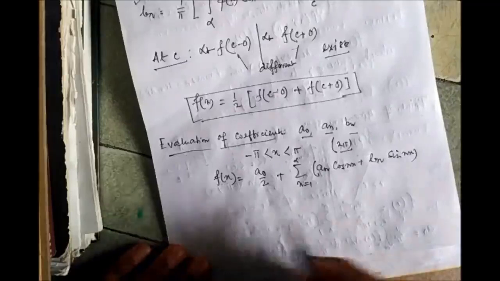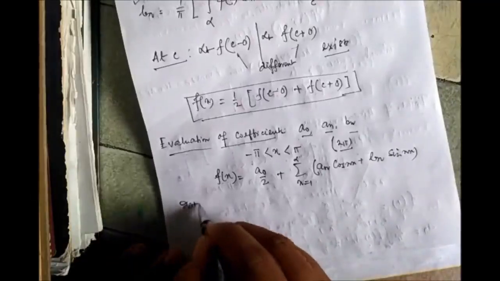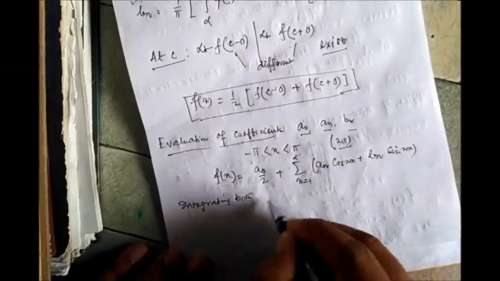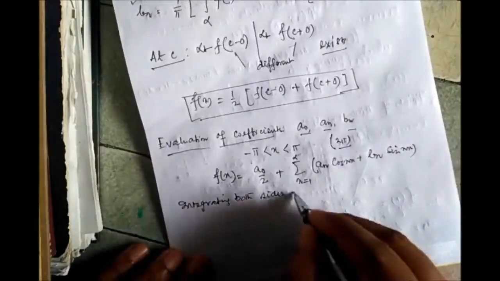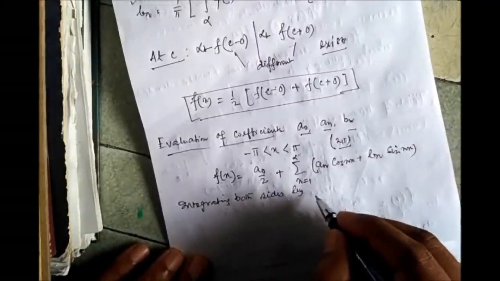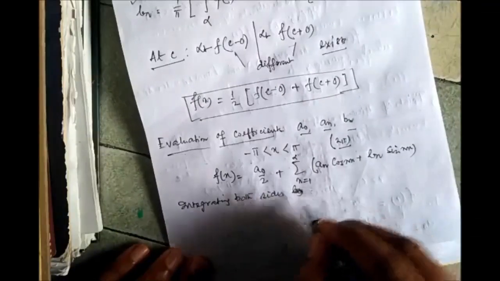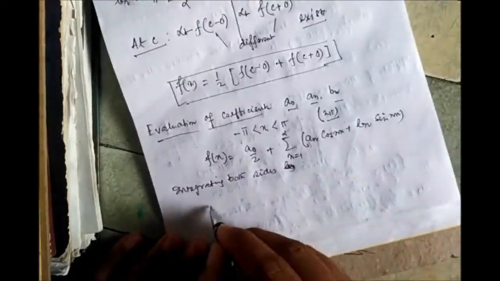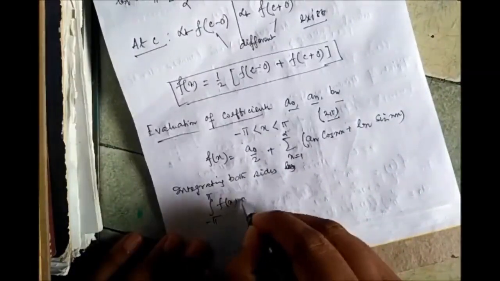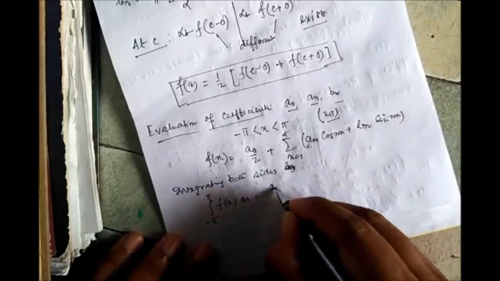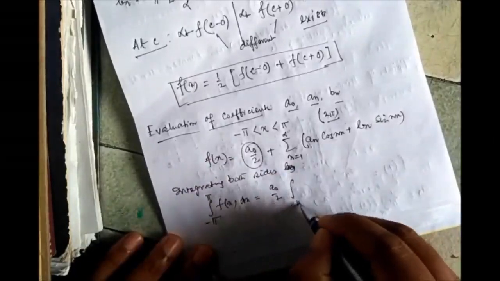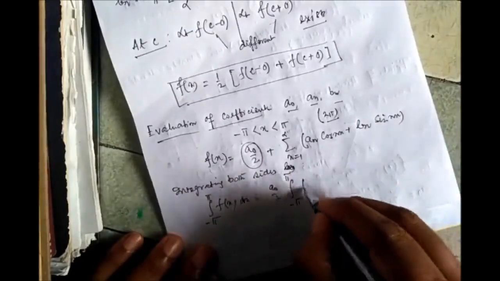So integrating both sides of this equation, what I get from minus pi to plus pi f(x) dx equal to, as this a0 by 2 is constant, so I bring it out.